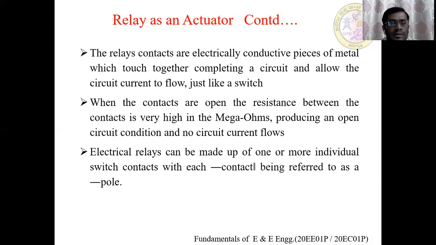Electrical relays can be made up of one or more individual switch contacts, with each contact being referred to as a pole. We will see how a pole is represented in a relay.